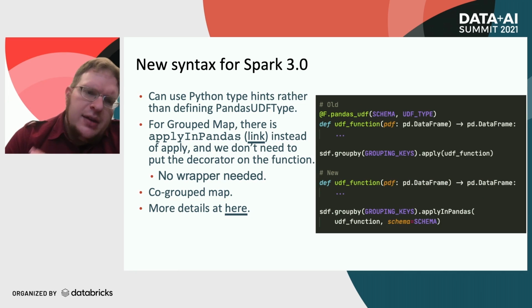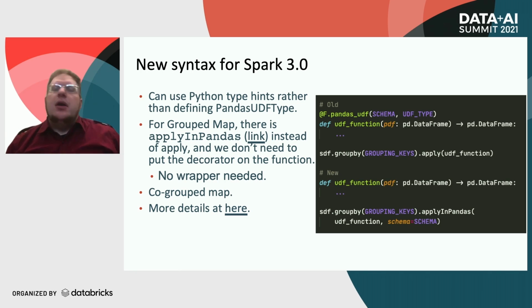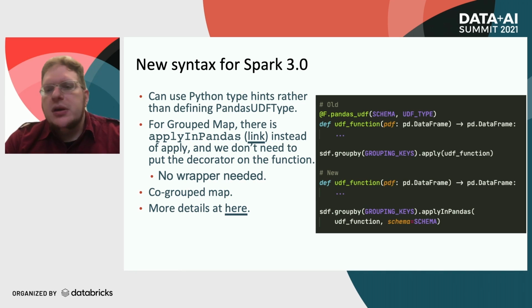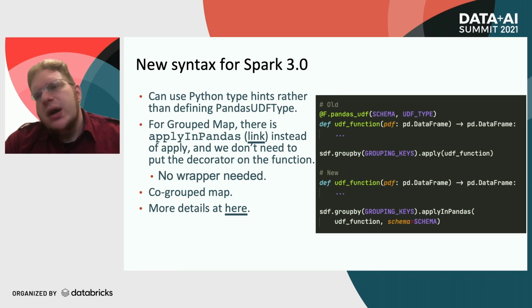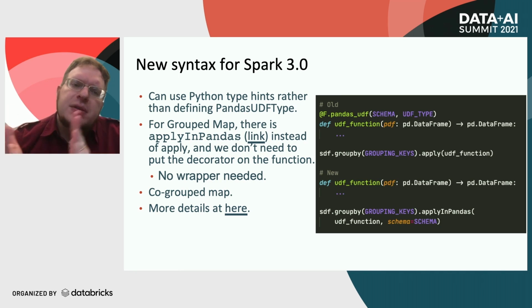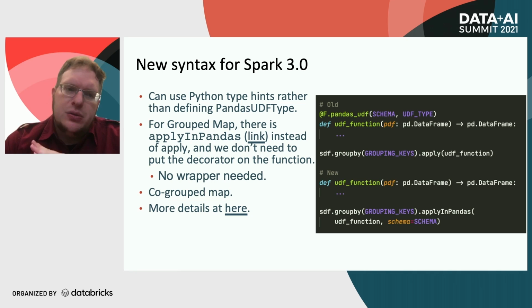Now, everything I've talked about up until now is old Spark. This was available in Spark 2.3 onwards. It is still syntax that is valid. It's still how I tend to write my code. However, as of last year with Spark 3.0, there are some changes that have been made to how you can work with PandasUDFs.